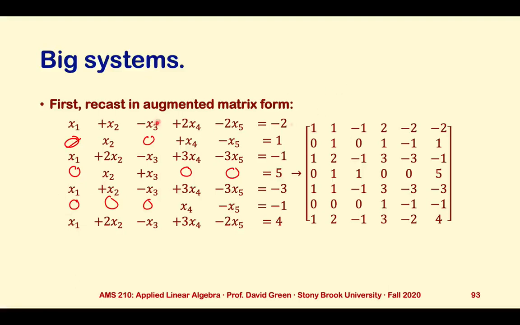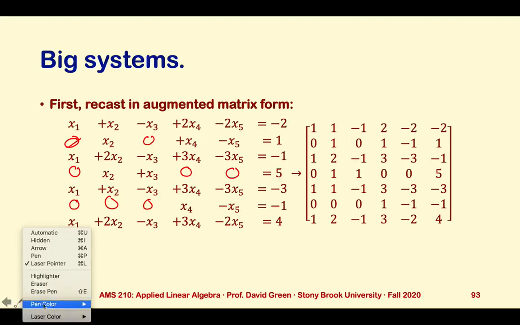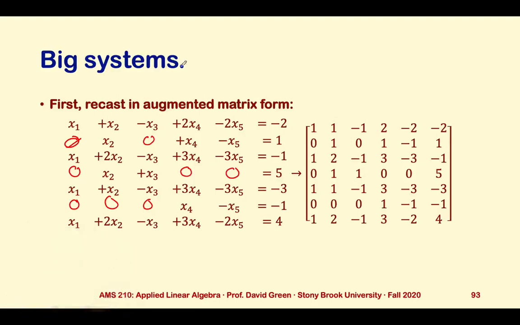So this first column, 1, 0, 1, 0, 1, 0, 1, becomes the first column of the matrix.